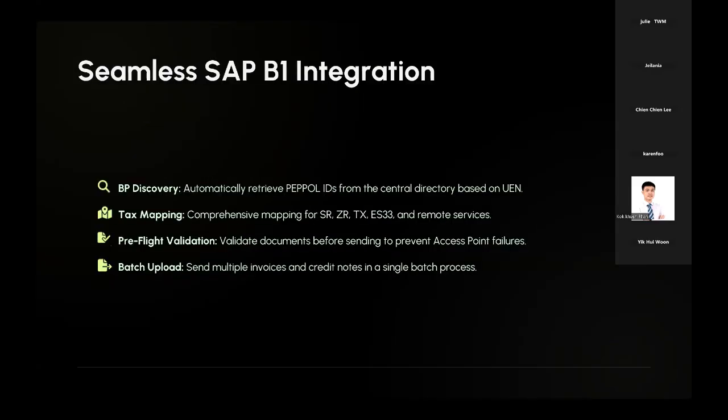So these are some of the highlights of the features in our SAP Business One add-on. We are able to allow the users to automatically retrieve the PEPPOL ID from the InvoiceNow network. Just for your information, InvoiceNow used to be called the PEPPOL network, so they have changed the naming to InvoiceNow network.